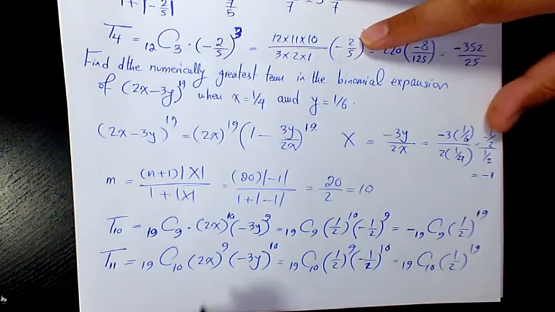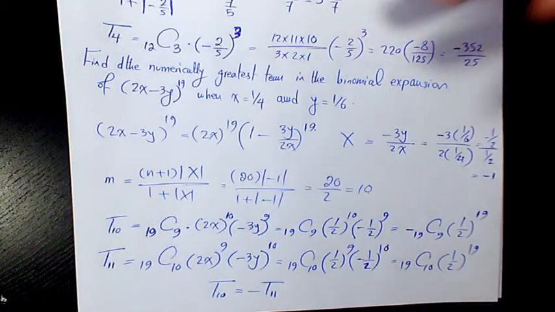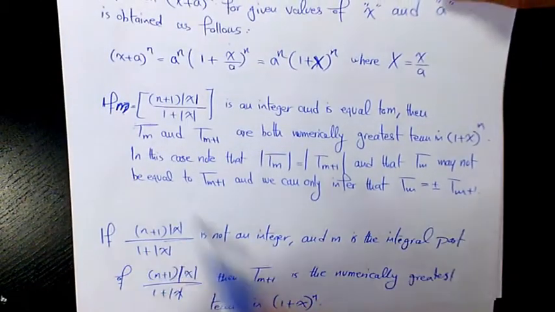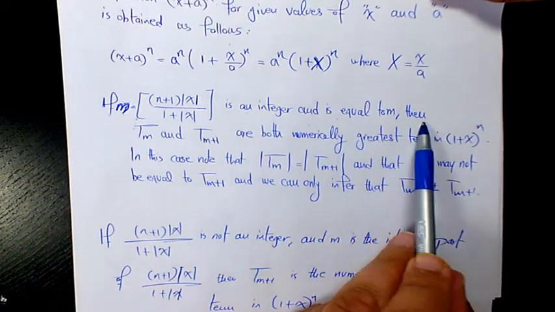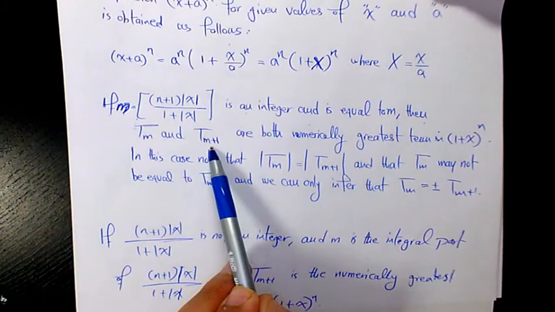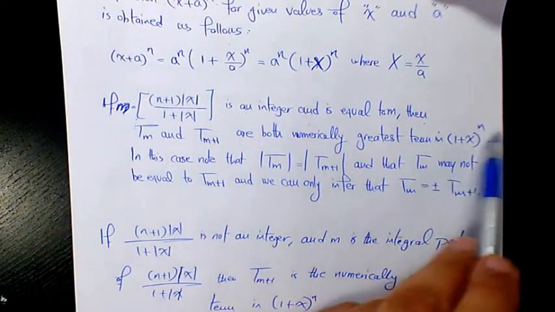So we can say T10 equals negative T11. We had it in the explanation here before. It says if m is an integer, then Tm and Tm+1 are both the numerically greatest terms in the expansion of (1 + x)^n.